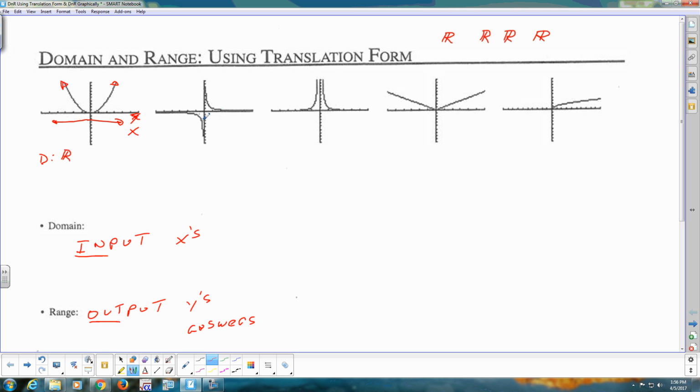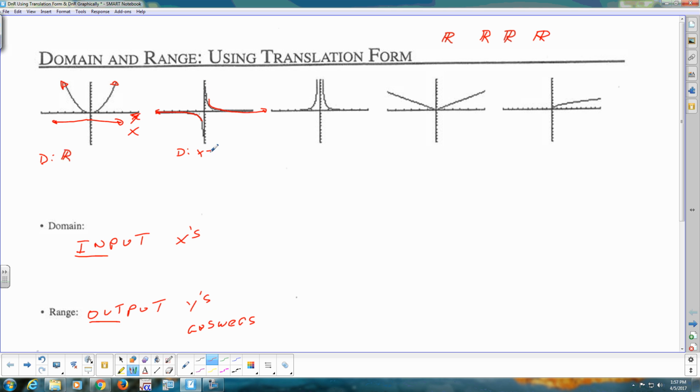So let's try it with this one. Will this graph continue to go as far left as it wants? Yes, it will. Will the graph continue to go as far right as it wants? Yes, it will. Okay, but there's a gap in the middle. It never takes on the value of 0 because it's broken here.